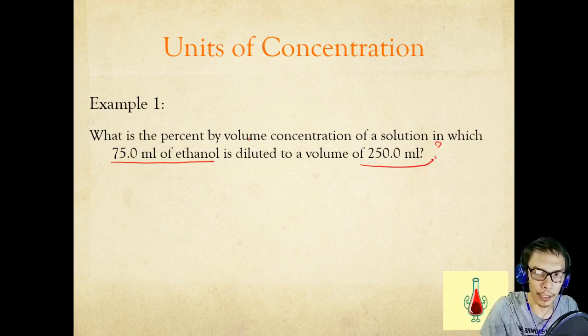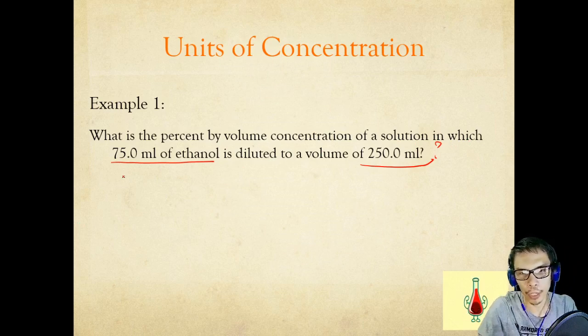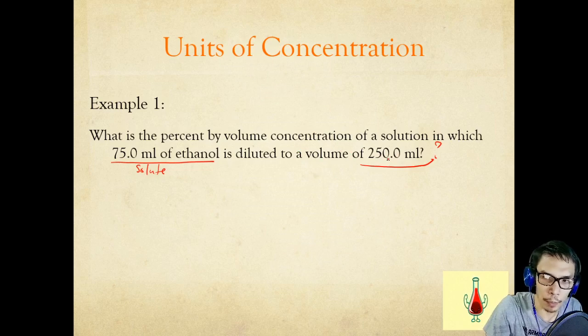If you read, what is the percent by volume concentration of a solution in which 75 ml of ethanol is diluted to a volume of 250 ml? So what is this 250 ml? We all know that this 75 is your solute. So where is this ethanol dissolved? Probably in water. So this 250, what is this one? This one is the solution.